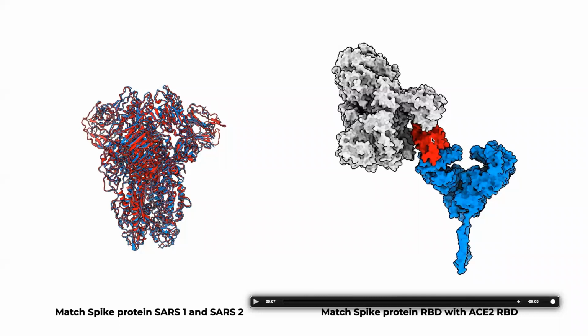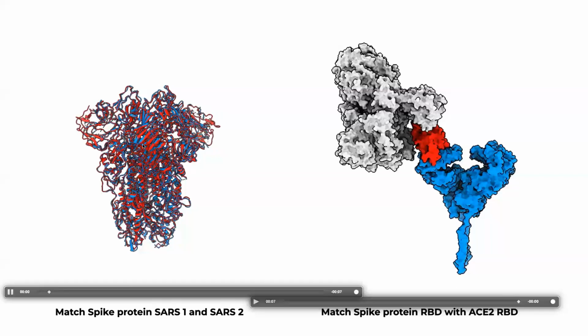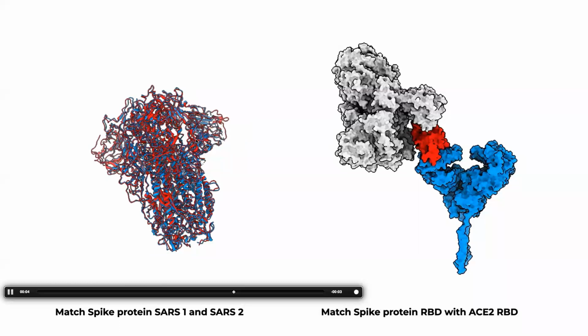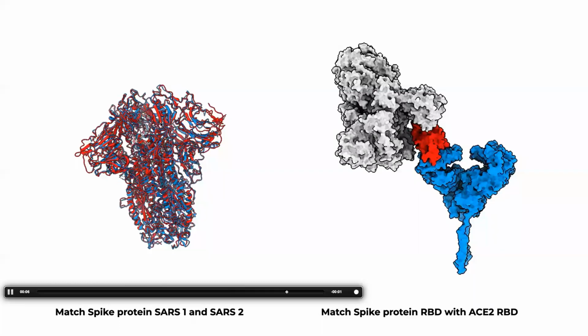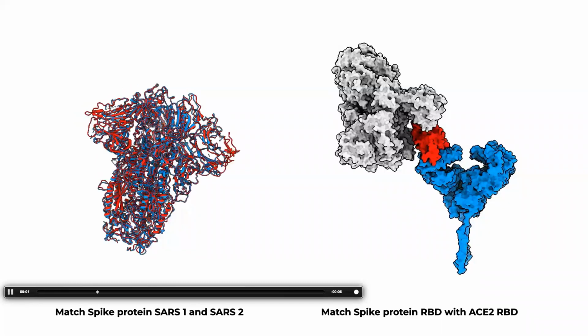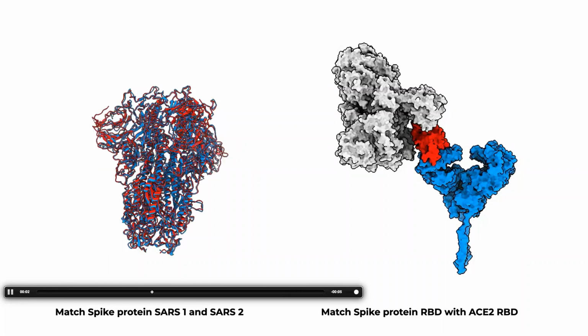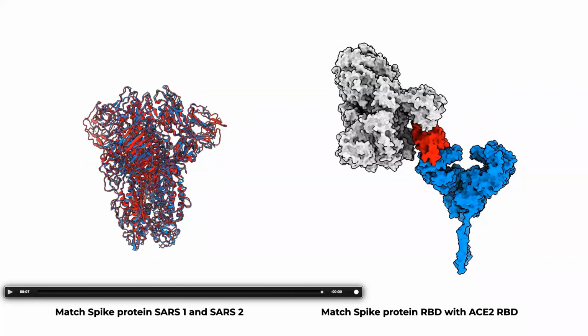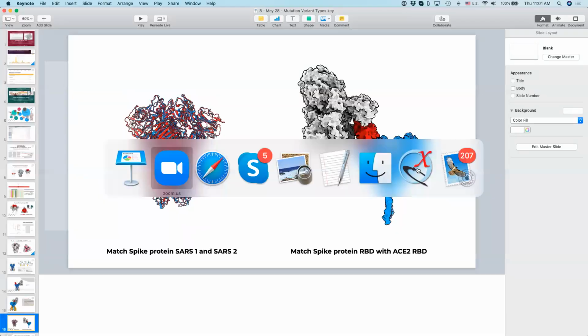So that's objective number one. Objective number two is, could we then take the SARS-1 ACE2 receptor and the SARS-2 spike glycoprotein, sorry, not the receptor, and align them to each other? Again, we have the PDB models for both. Could we use Chimera, what we'll use today, to map them together? And it's very simple, so hopefully all of you can follow along with me. Okay.